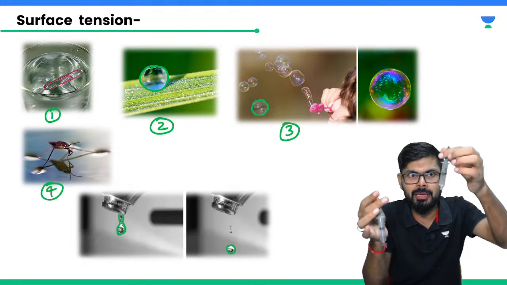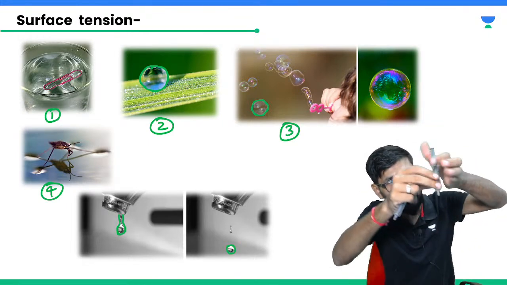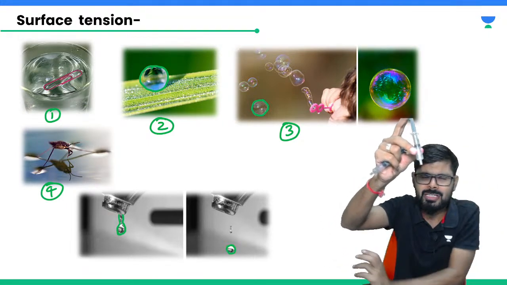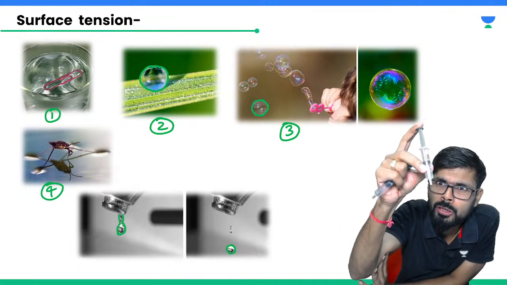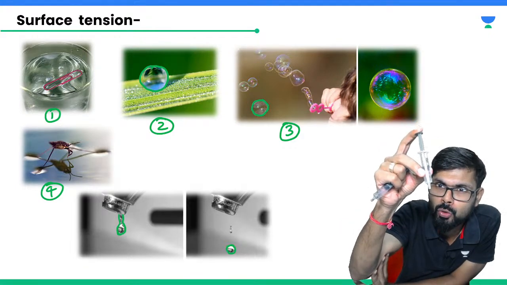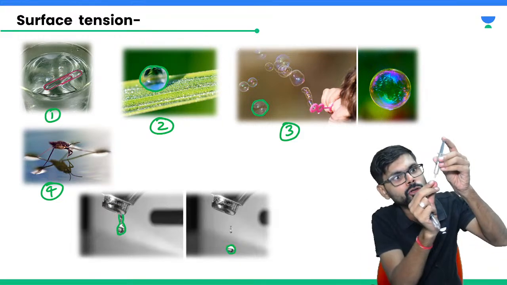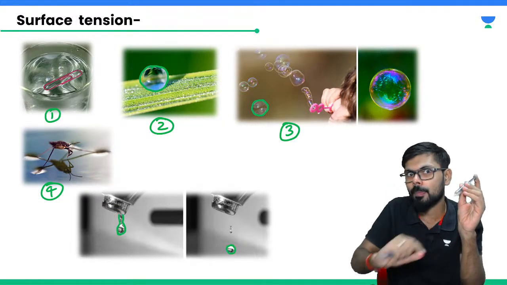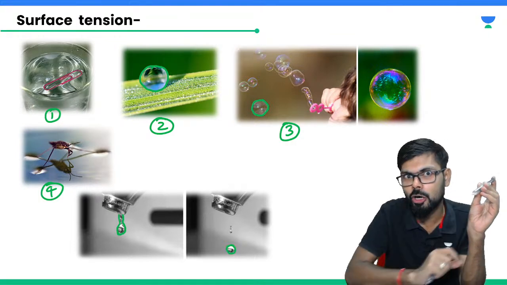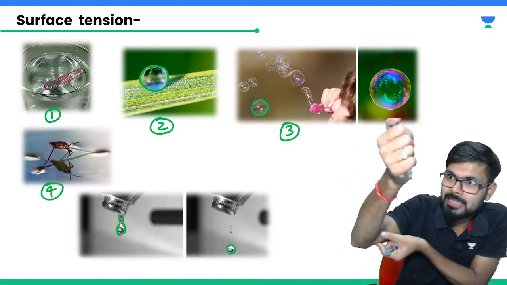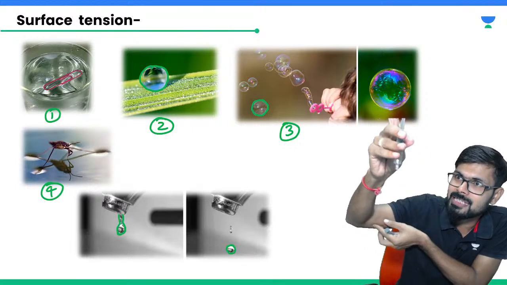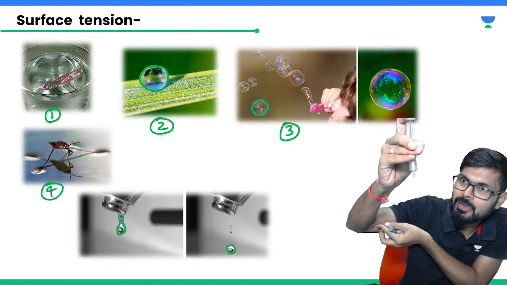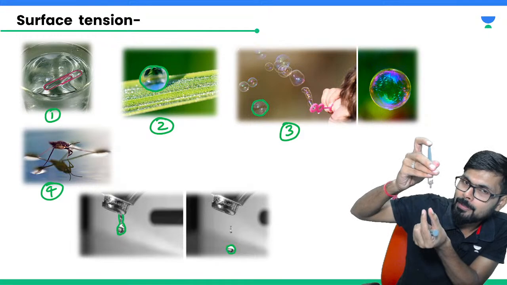Now you have to hold it like this and start pressing slowly. Then a droplet will come out. Just observe that droplet. Then do the same with the second one, pressing slowly, and a droplet will come out.